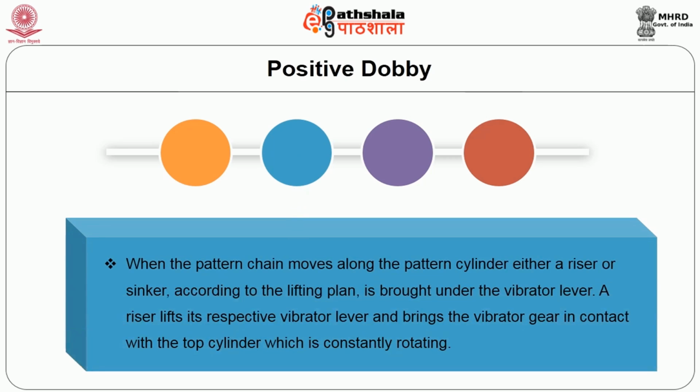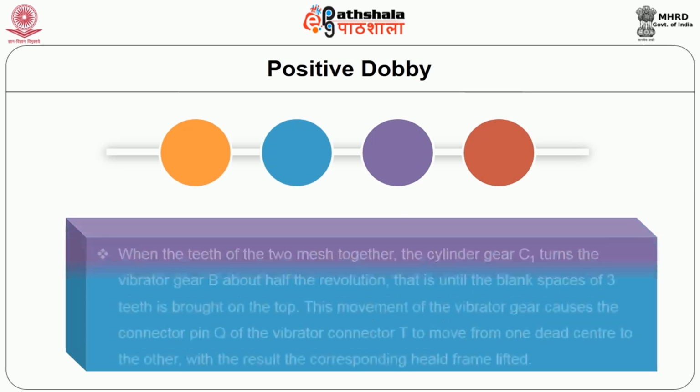When the pattern chain moves along the pattern cylinder, either a raiser or sinker, according to the lifting plan, is brought under the vibrator lever. A raiser lifts its respective vibrator lever and brings the vibrator gear in contact with the top cylinder, which is constantly rotating.